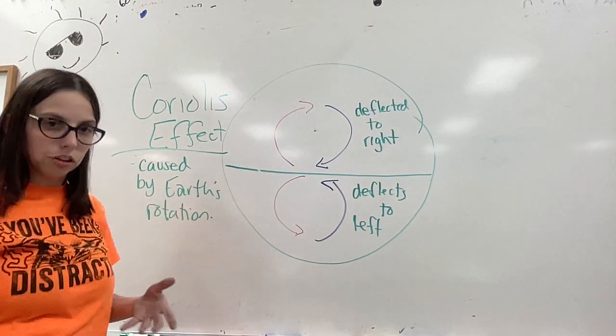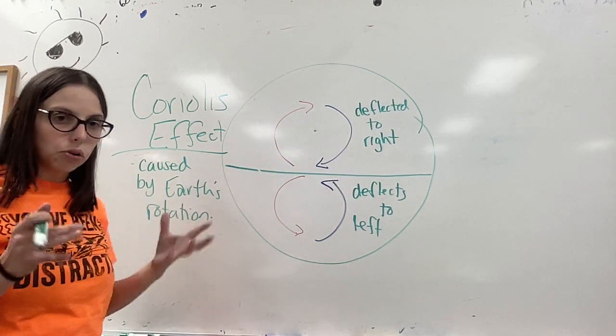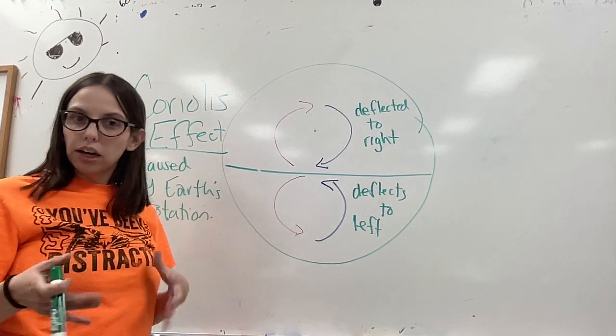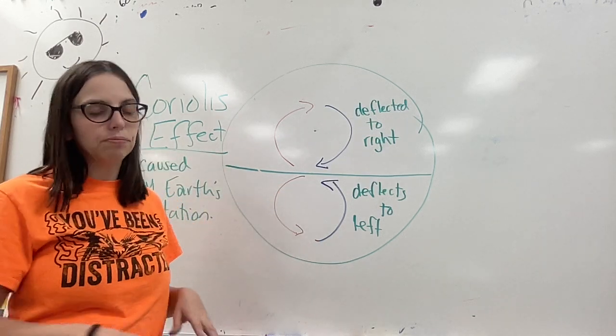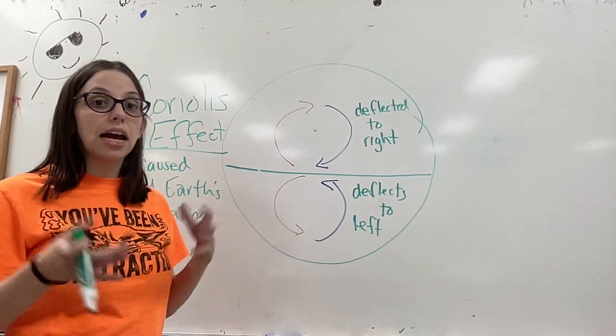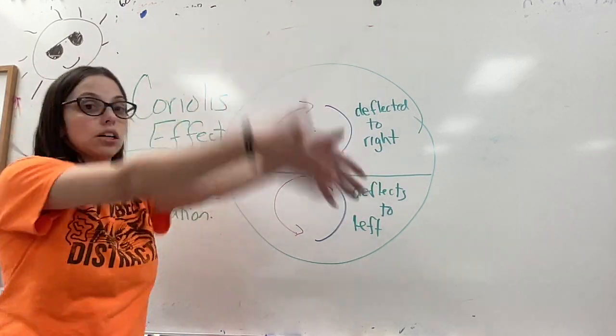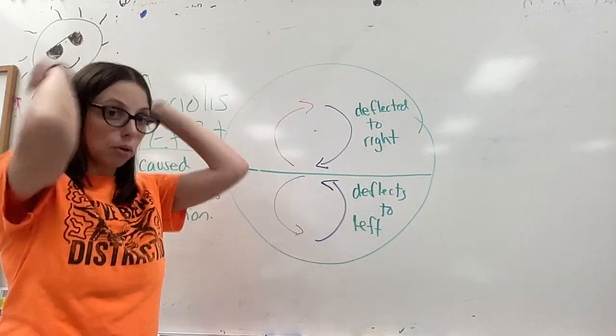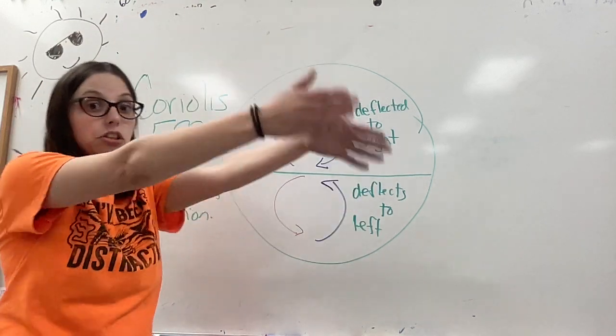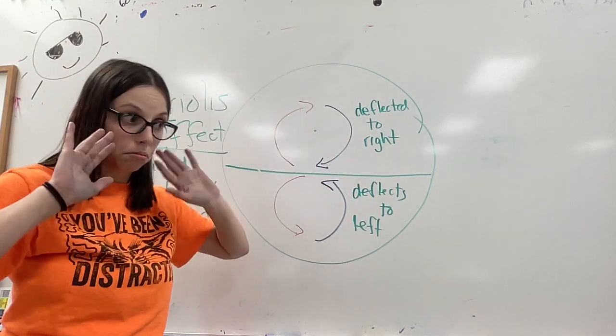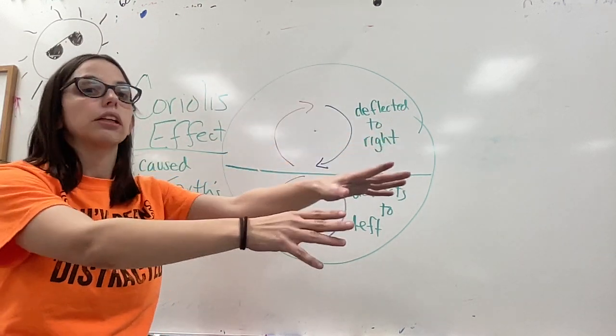If you imagine one of those old school merry-go-rounds on a playground that you manually push, and you sat on one side and your friend sat on the other side, and you try to toss a ball at them, when you throw it, it's going to go in a straight line, because that is the direction of the force that you applied to it.